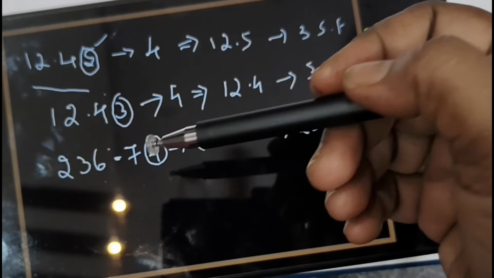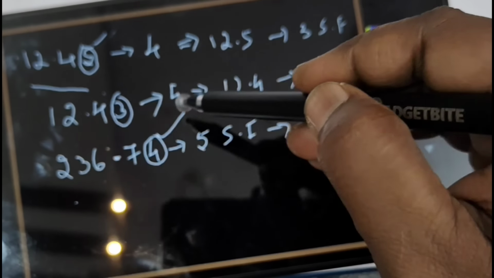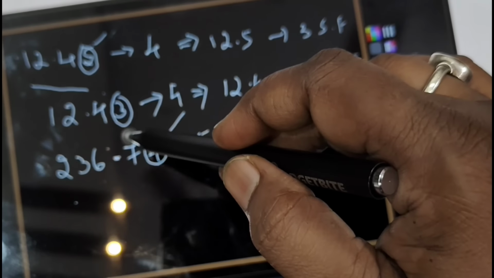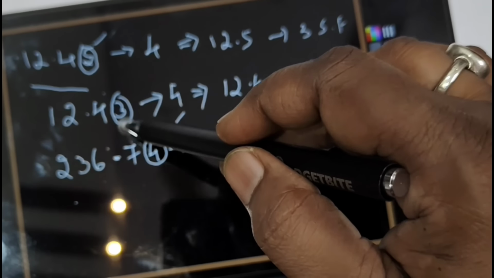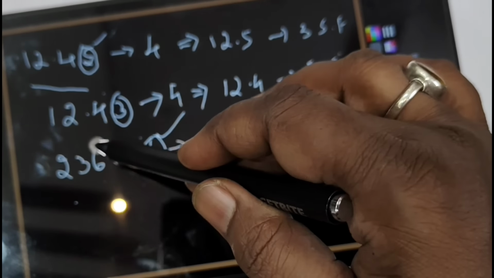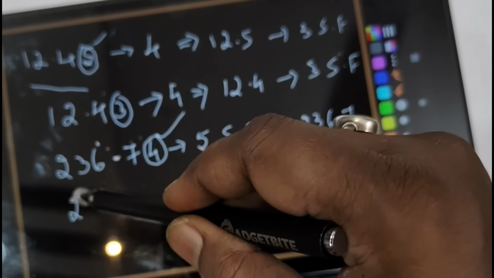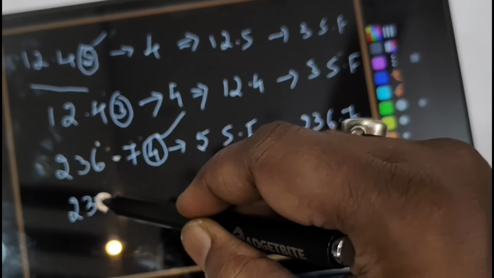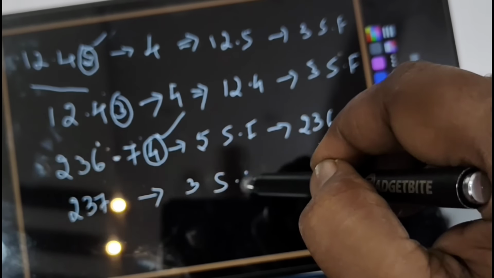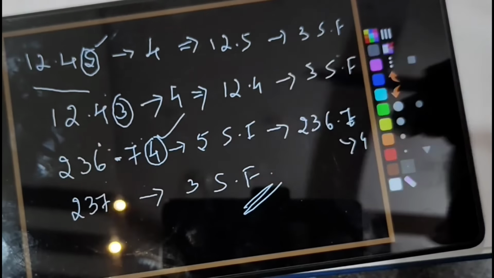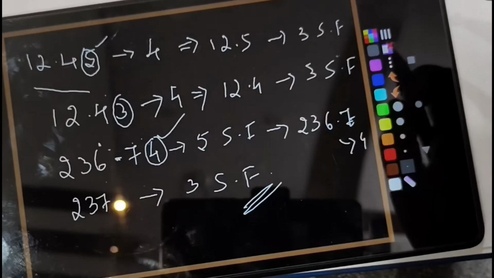Now if it is asked for 3 significant figures, we omit this 4 and take 7, which is greater than 5. We carry 1 to the 6 and write it as 237, and here it is 3 significant figures. So this is how we can round off and write the significant figures.